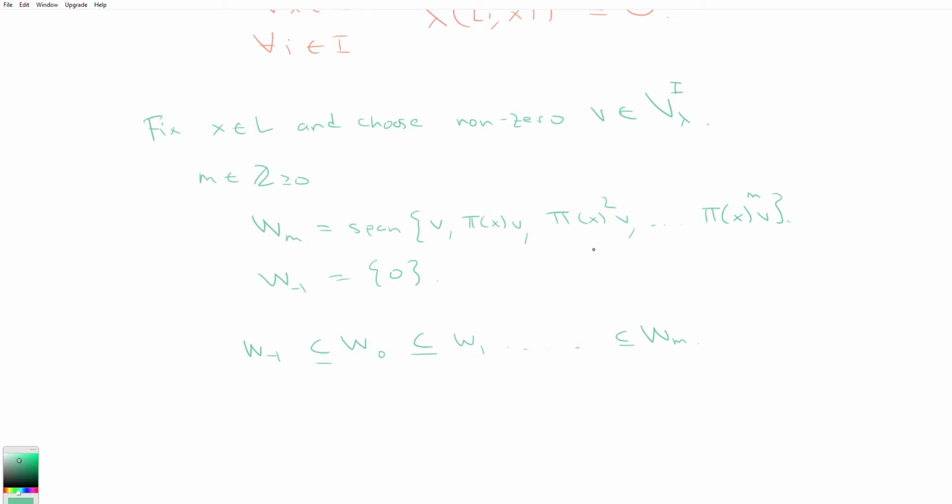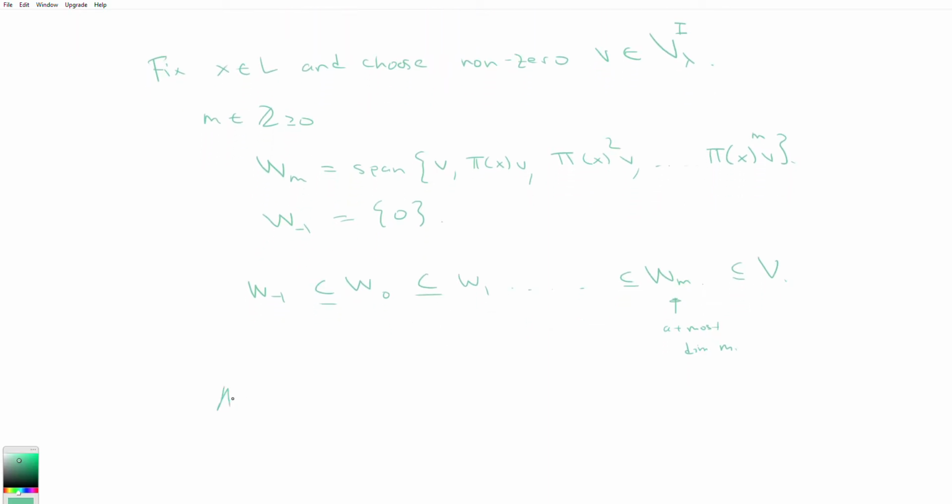And obviously, because these are just vectors in V, this has to be contained in V. So that tells us that at some point, there exists n such that W_n equals W_{n+1} equals W_{n+2} equals W_{n+3}, and so on. Because if that weren't the case, and somehow you're getting a new vector that's not in the span of the previous vectors each time, that would make V infinite dimensional, which is not what we said.